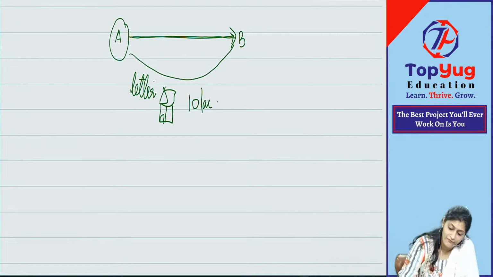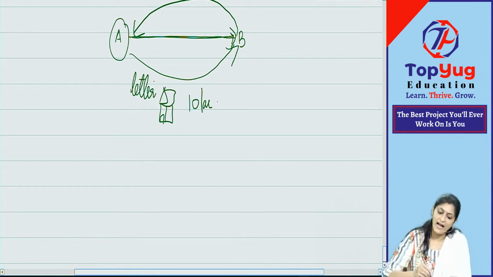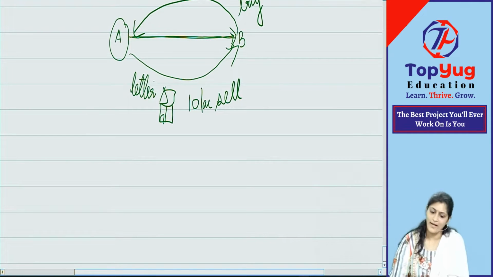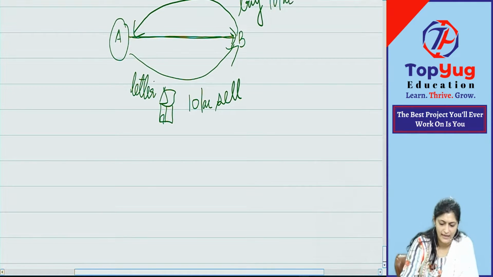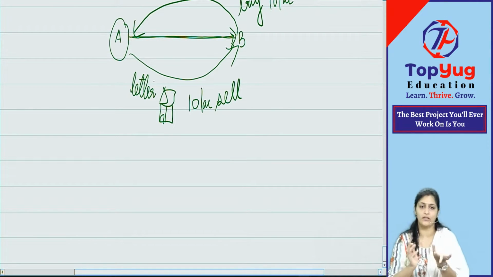So now what offer is B giving to A? B is telling A that I want to buy your house. A is saying I want to sell my house, and B is saying I want to buy your house, at 10 lakh rupees. They already know that the price of the house is 10 lakh. So they quoted the same price.